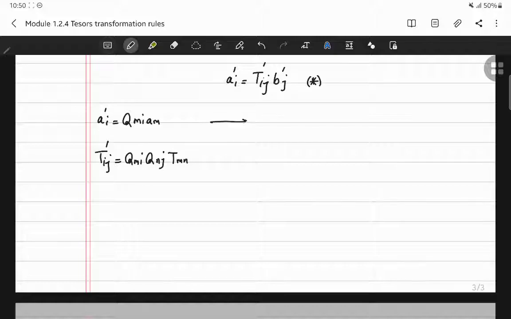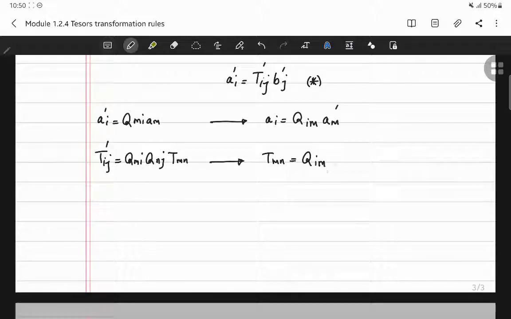So if I transform this to their unprimed, it becomes A_i is equal to Q, the transpose of Q_mi, so it becomes Q_im A prime m, and T_mn becomes Q, this is Q_mi, so we transpose it once more, becomes Q_im.